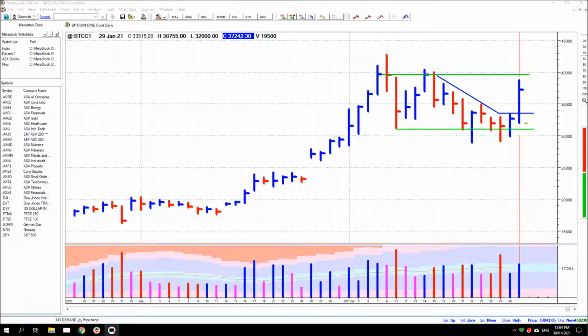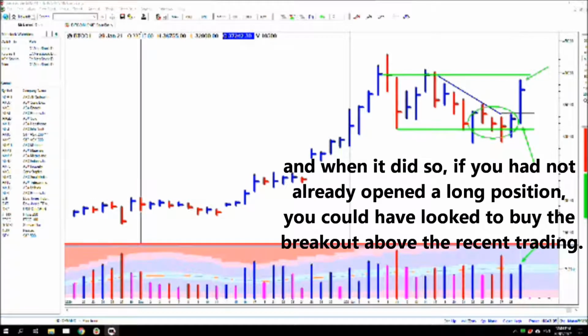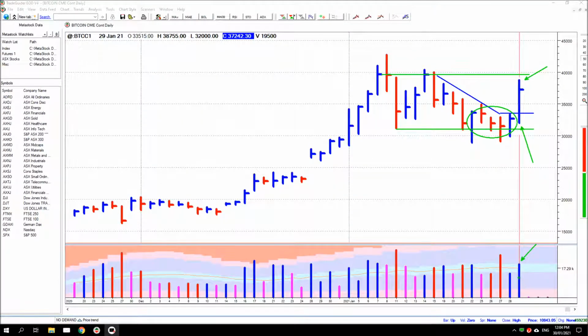Now, the last bar, which is a breakout above the previous trading, all the previous recent trading is here, and last night's bar broke out clearly above that on an increase in volume. But you'll notice that the volume was nowhere near as high as on this shakeout type bar.